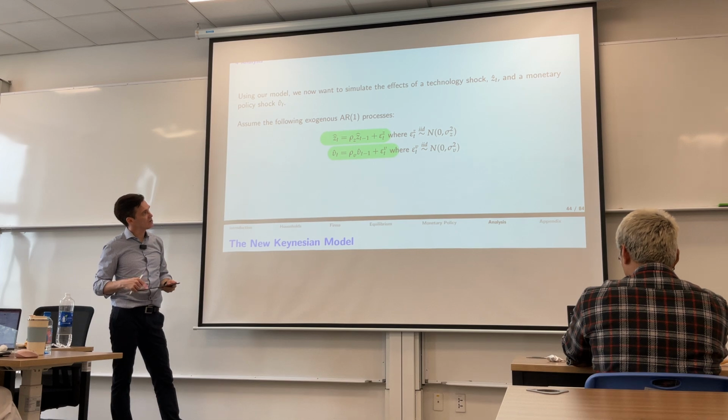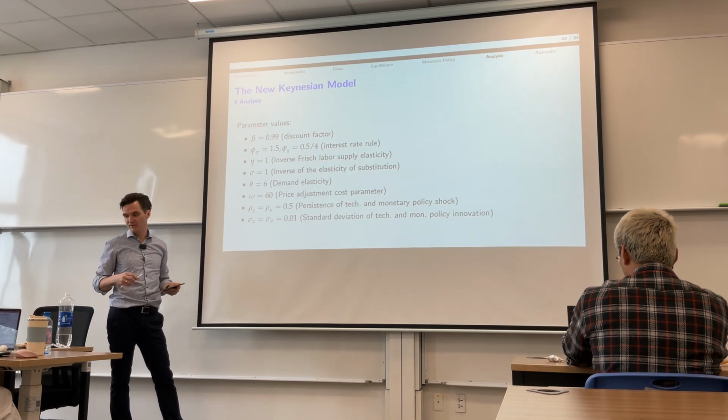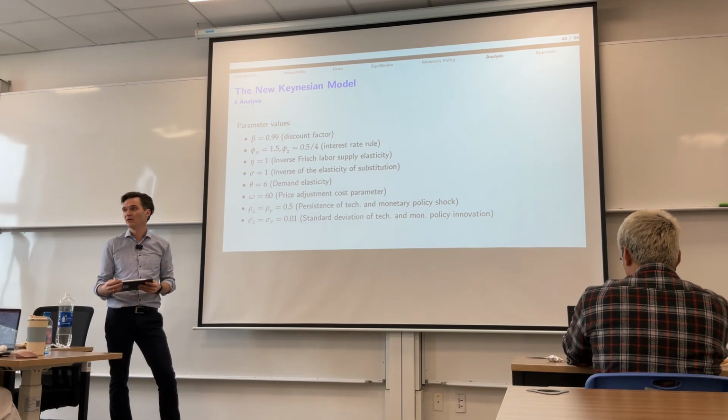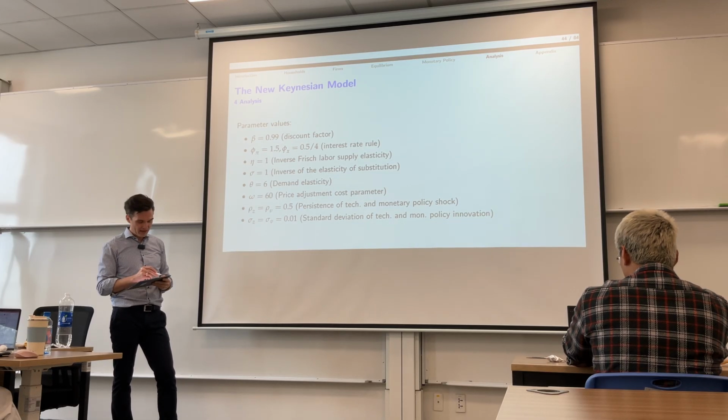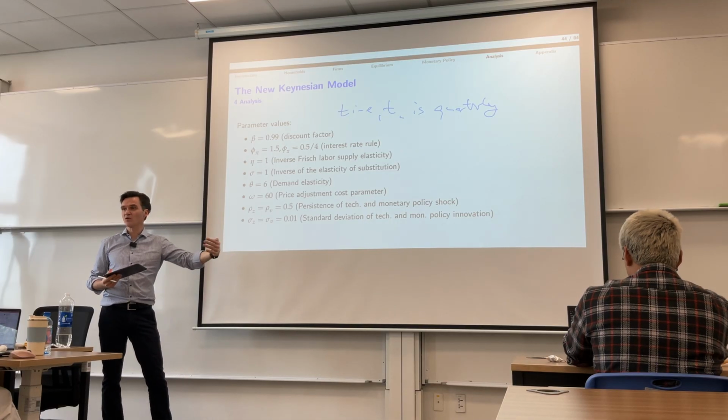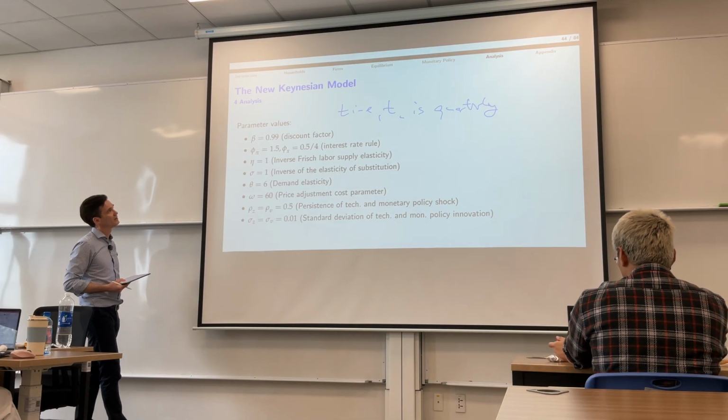So that's that. We have AR1 processes, and then these are parameters. When you want to work quantitatively, you have to work with parameters, and these parameters are taken from the literature. First of all, time t is quarterly, so every time unit is a quarter of a year.